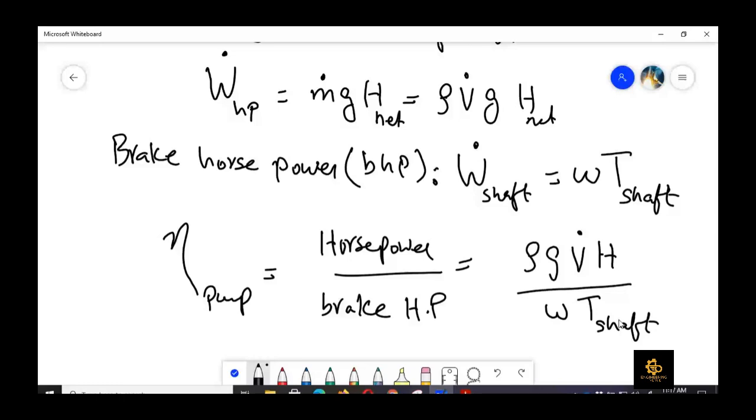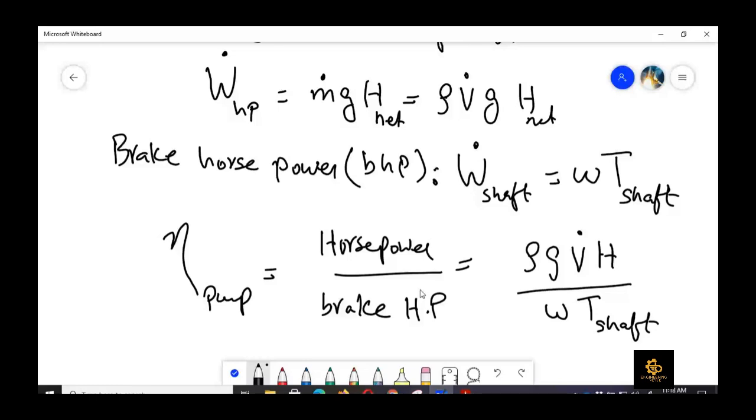Isentropic efficiency of a pump includes the frictional effects, like 90% or 95%, and likewise for a turbine. We usually define it in steam power cycles and gas power cycles, right? I hope you have got a little bit of understanding of that.